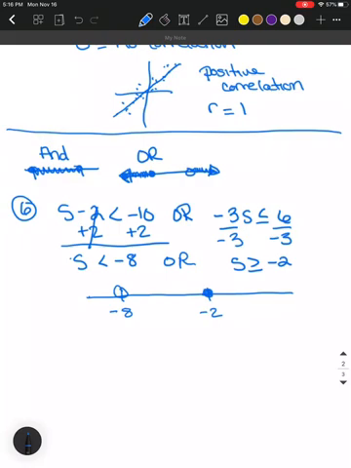And because it's an OR statement, I am going to shade the opposite way. Sorry, my arrows are off. Okay, so that's number 6.